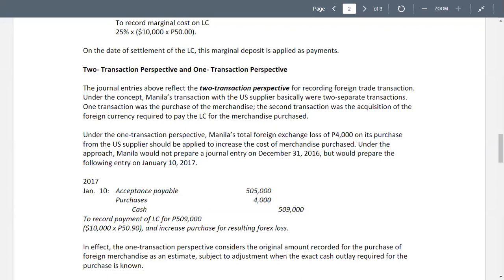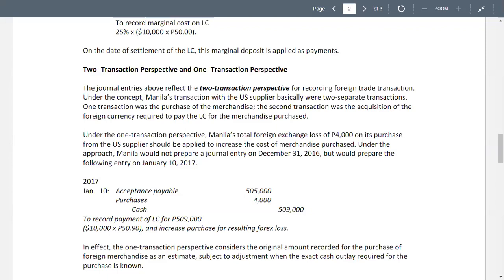Conversely, decreases in the selling spot rate produce foreign exchange gains to the company because fewer Philippine pesos are required to obtain the foreign currency.